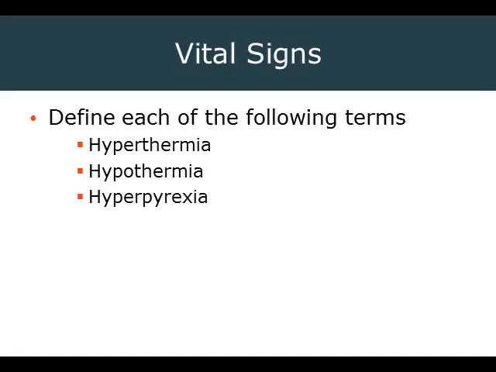It causes changes in the way our body responds, whether we're vasodilating, vasoconstricting, or what have you. Now this other term, hyperpyrexia, so fever is not considered medically significant unless it's above really 100 degrees, or 38 degrees Celsius to be exact, 100.4 degrees Fahrenheit.